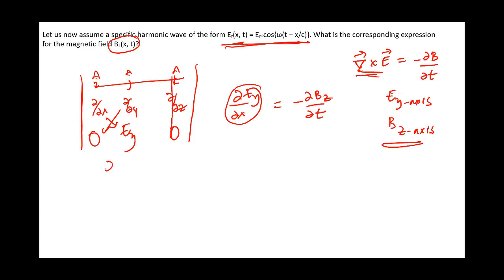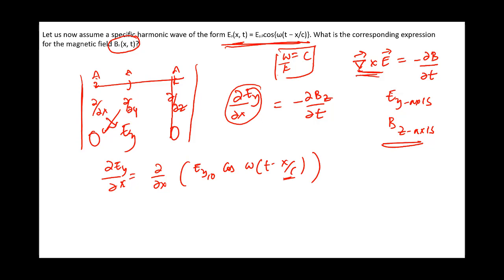So you have the expression for EY, so you have to do dou by dou x. So if I do dou EY by dou x, that would be dou by dou x of EY0 cosine omega t minus x by c. Here we made it x by c because recall that in the previous question we derived omega by k is equal to c. So instead of writing it as k, we wrote it as omega by c.